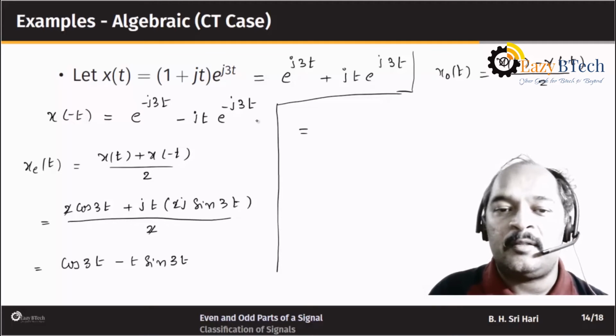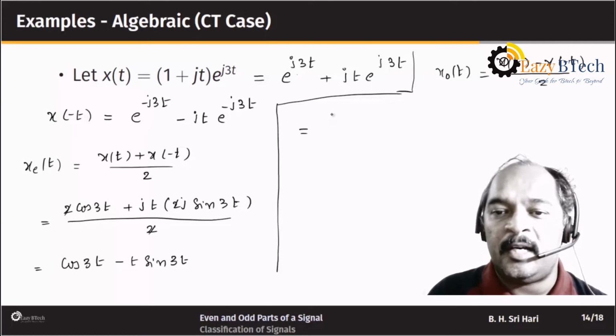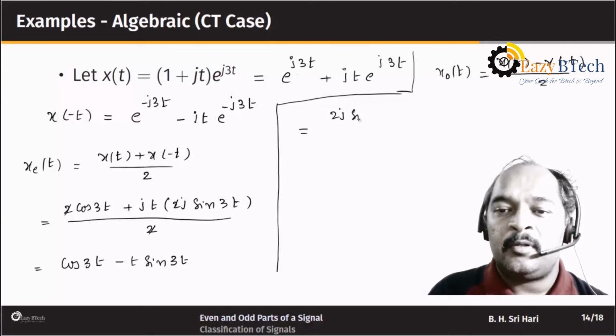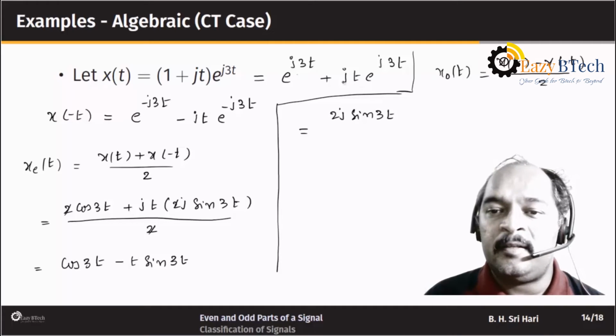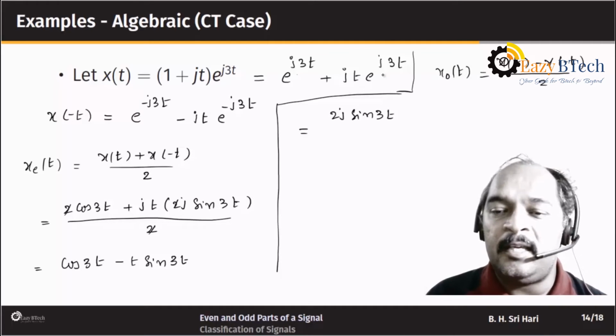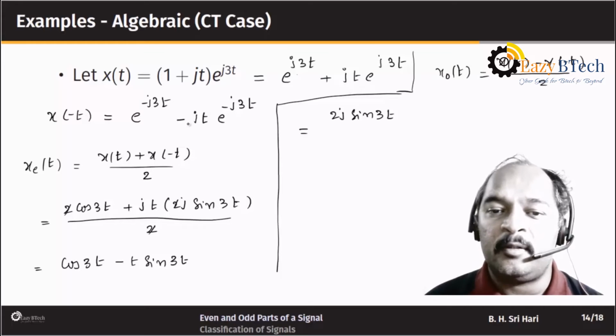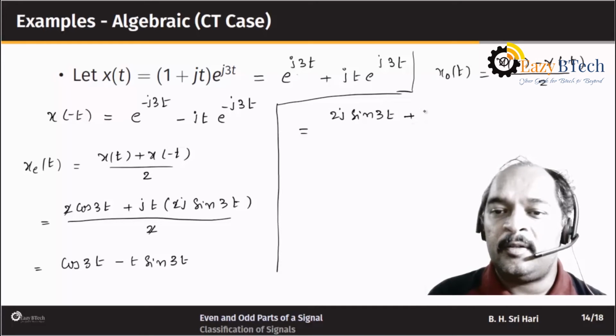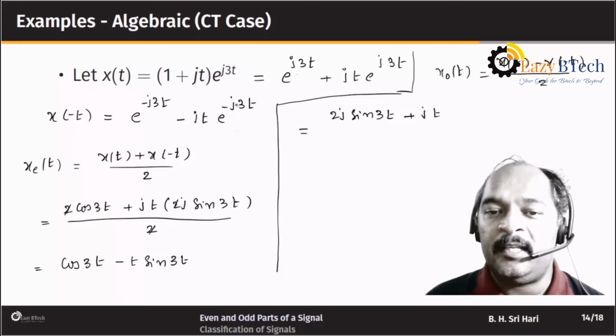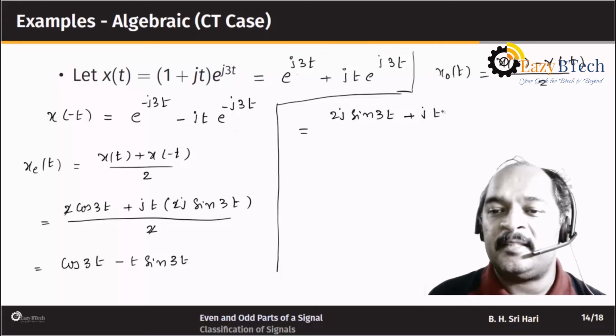That turns out to be e power j3t minus e power minus j3t, which is equal to 2j sin 3t, and then again jt e power j3t, minus of minus is plus, so we'll get plus jt common, and you get e power j3t plus e power minus j3t.